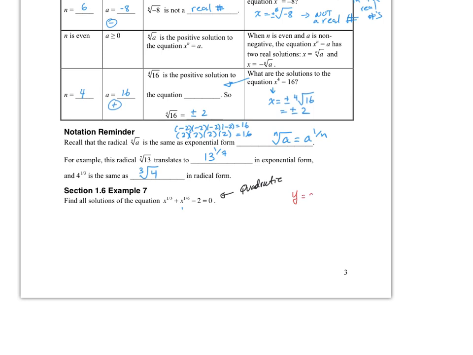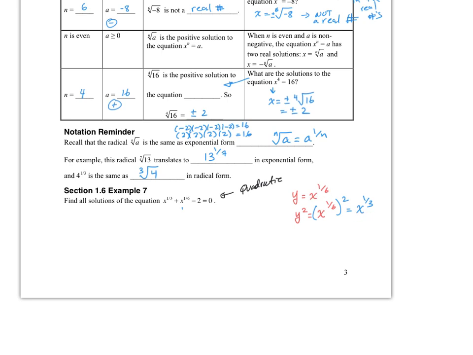So y will be x to the 1/6. Notice that y squared is the same thing as x to the 1/6, then we have to square everything. So this will be x to the 1/3, which, remember, this is the cube root and this is the 6th root.